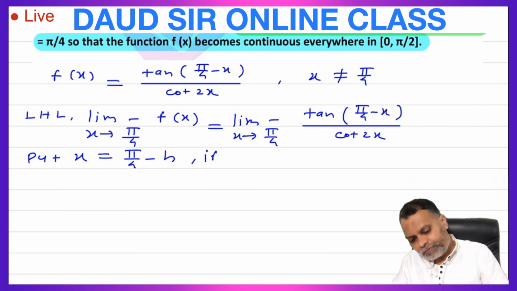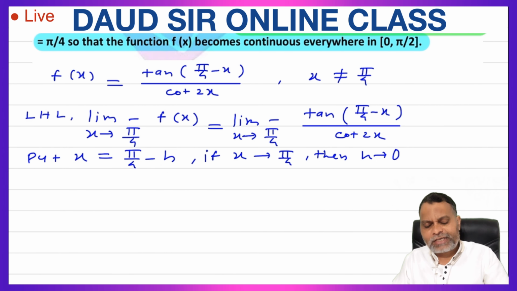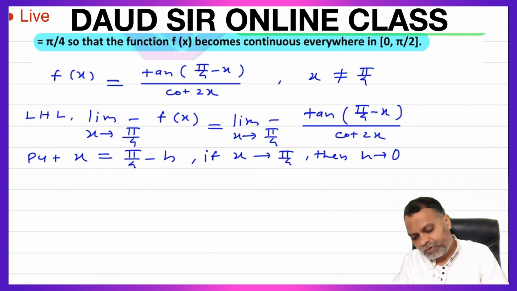Change tends to: if x tends to pi by 4, then h tends to 0. How? Put this pi by 4 minus h here. Pi by 4 minus h tends to pi by 4, pi by 4 gets cancelled, minus h tends to 0, that is h tends to 0.